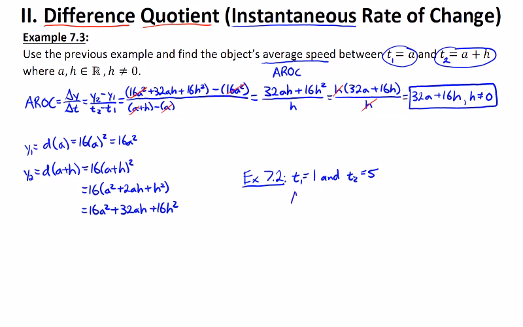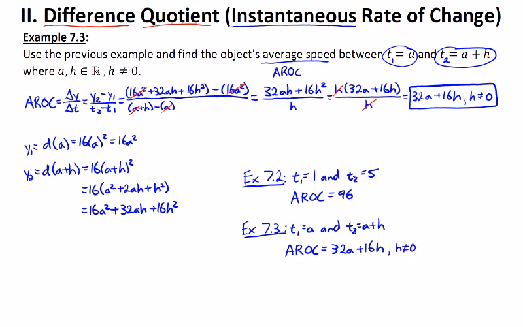And the average rate of change calculation that we came up with was 96. For example 7.3, we have t1 is a, t2 is equal to a plus h, and the average rate of change calculation is 32a plus 16h, provided that h is not 0.